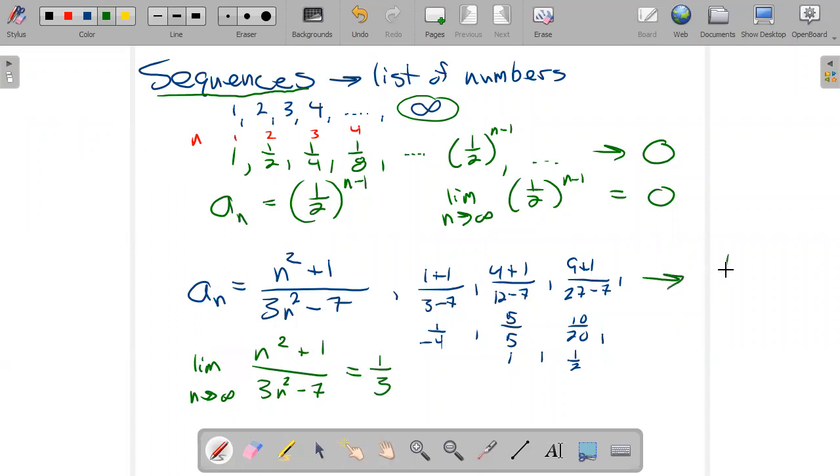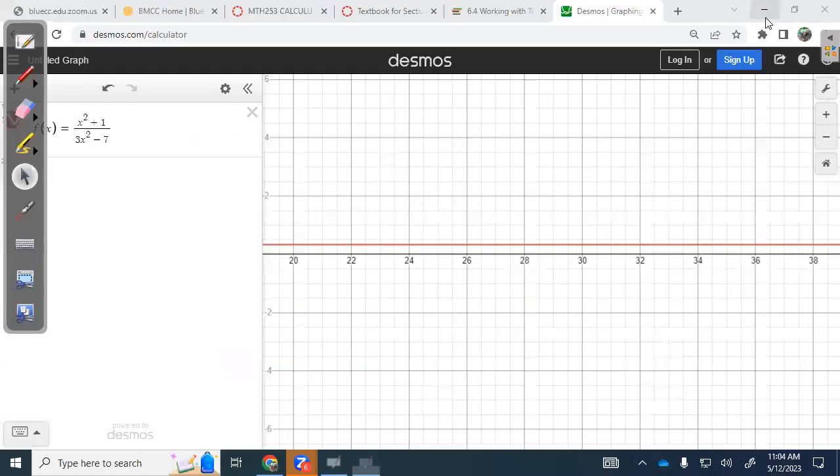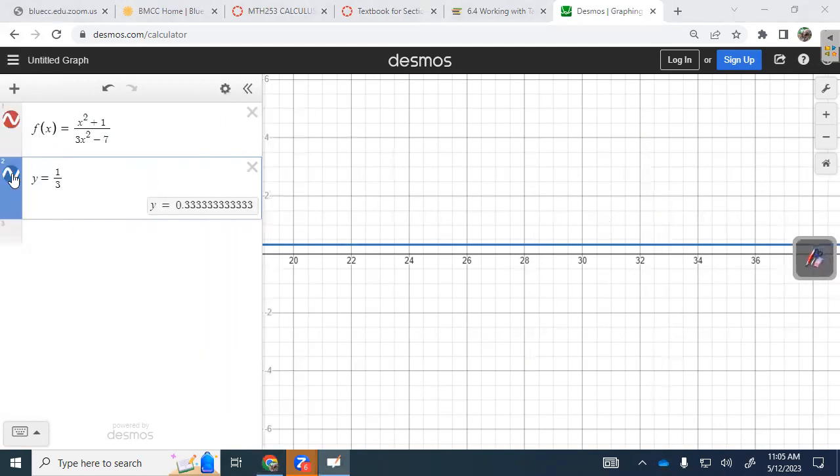So we believe that this thing should be heading toward 1/3. If we look at the graph, we should be able to graph y equals 1/3 and see, oh yeah, they're converging together. So we can zoom in. Here they look like they're on top of each other, but they're not quite. But it looks like it's converging there.